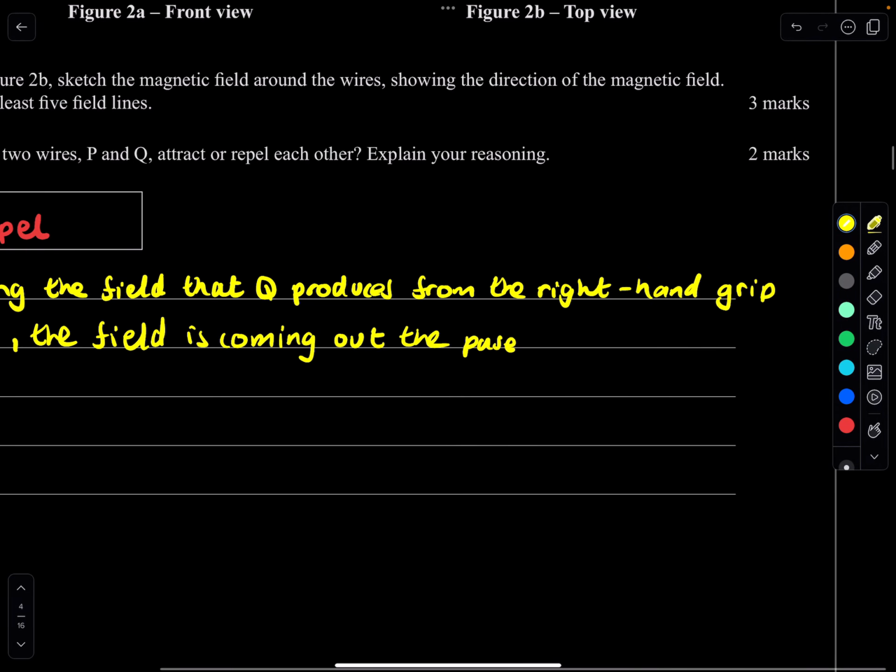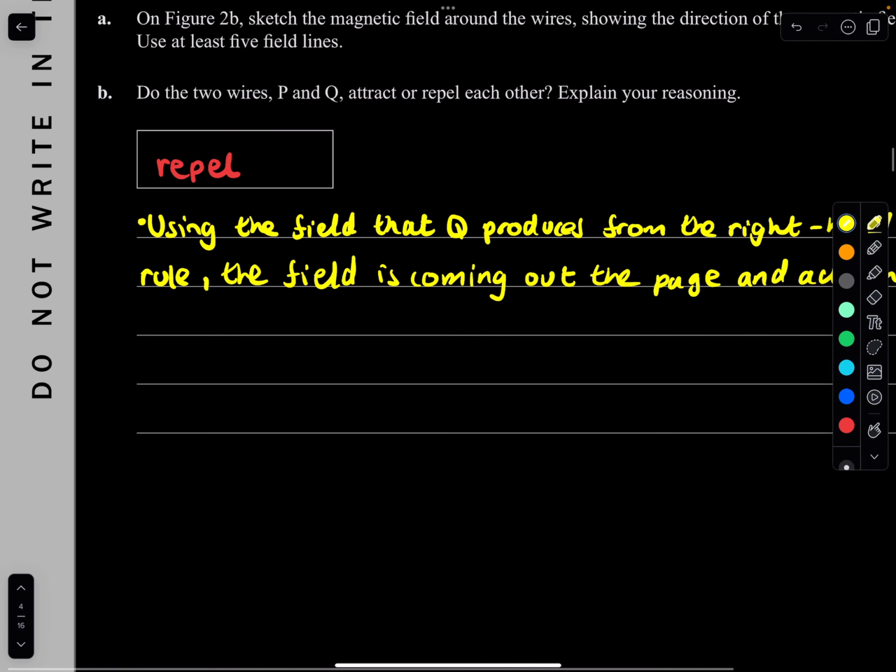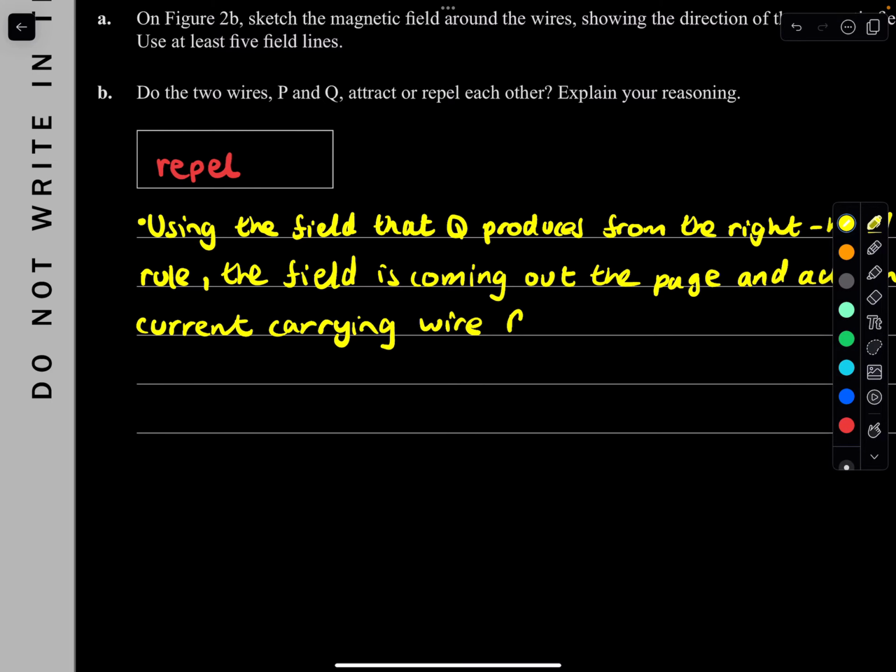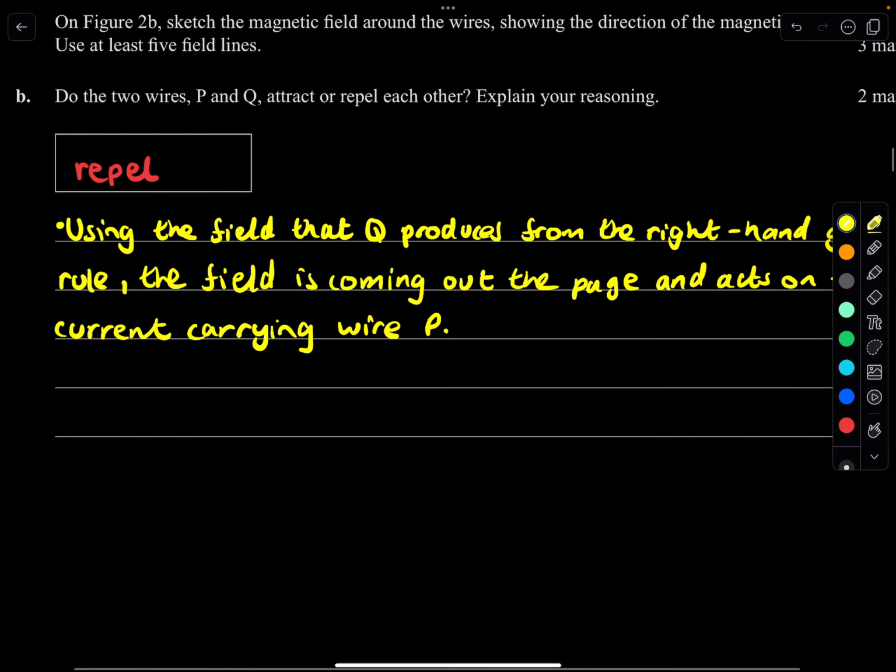So it's coming out of the page and acts on the current carrying wire P. And so what does this do?